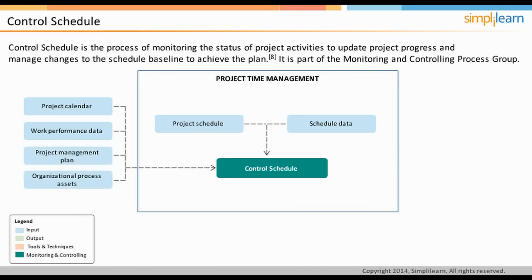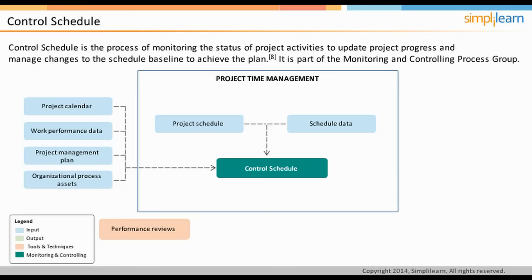The key tools and techniques of this process are the performance reviews. Performance review is measuring, comparing, and analyzing schedule performance such as actual start and finish dates, percent complete, and remaining duration for work in progress.